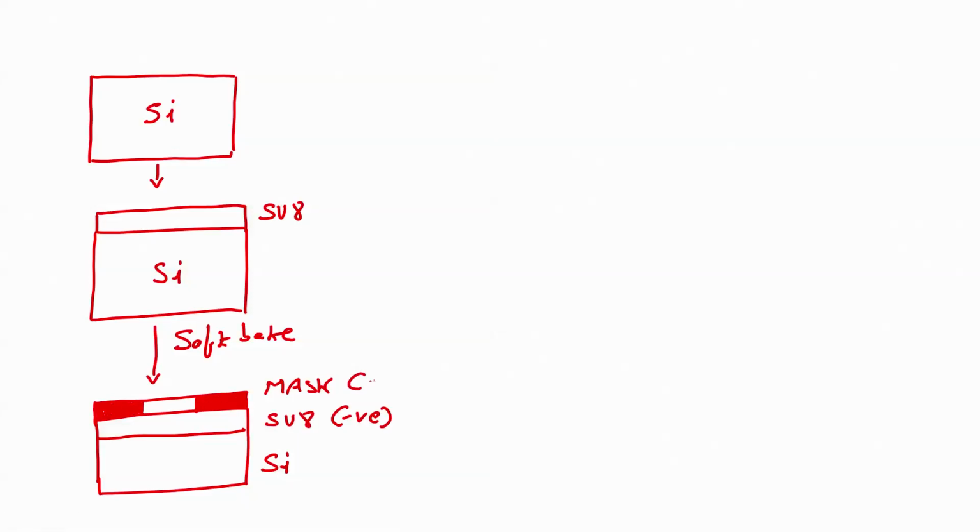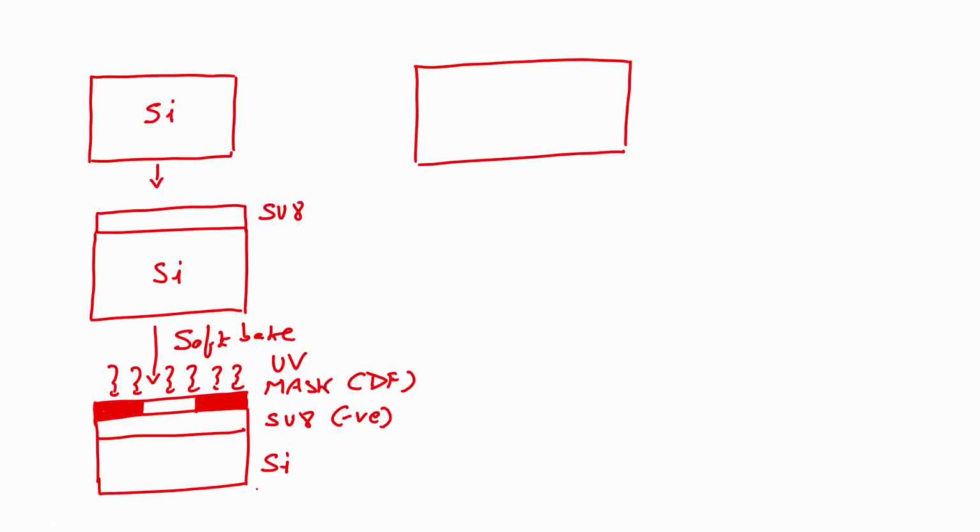Okay, this is your mask, it can be dark field. Now, you expose your wafer with UV. After exposing, the next step would be to go for hard bake.